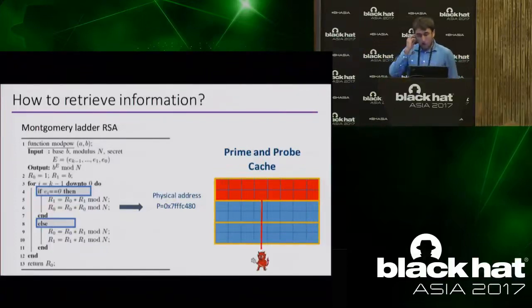And when we reload our own memory blocks again, what we will see is that if the victim utilized the instruction that we are priming or that we're trying to get information from, 1 block comes from the memory instead of all from the cache. So that's how we can utilize these 2 attacks to get the full RSA key in 2 separate scenarios.